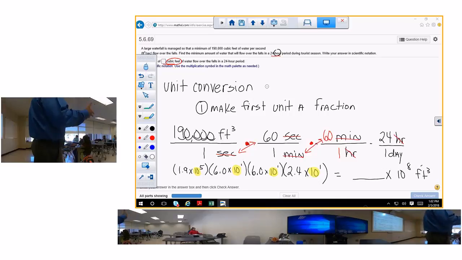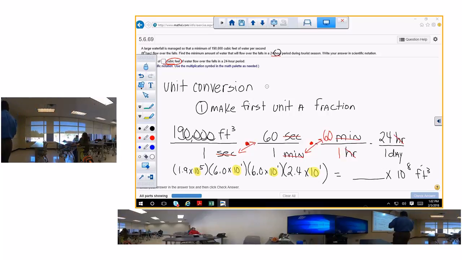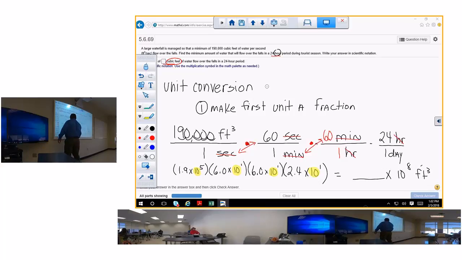Okay, somebody, calculator drill team. 68.4, okay. So right here, mentally, I got 68, I said 69. 68.4, and I'm going to multiply that by 2.4. Well, 2 times 68.4, that's 136.8.